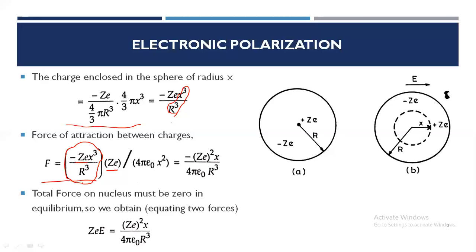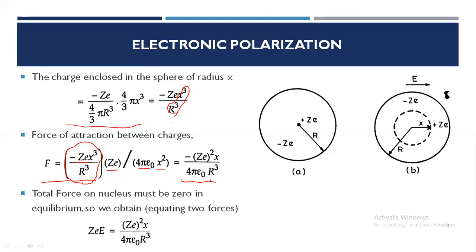As per Coulomb's law, q1 into q2 divided by 4π epsilon into the square of the distance between them, so by calculating this we get minus Ze² into x divided by 4π epsilon 0 into R³.